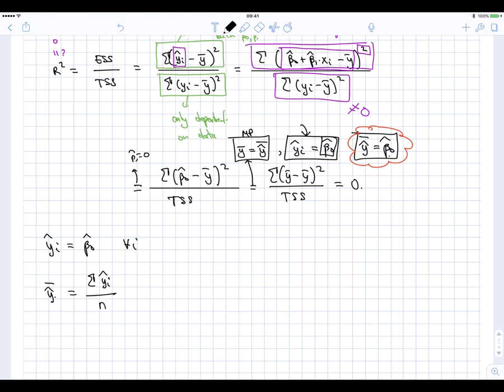Agree? But every single y hat is going to be beta 0 hat, so it's going to be the sum of beta 0 hat over n. It's going to be n times beta 0 hat over n, and n cancels, leaving beta 0 hat. What's the average of everything being 5? Well, it's 5, right? It's the same thing. What's the average of a bunch of n numbers that are all equal to beta 0 hat? Well, it's certainly beta 0 hat. That's the statement that I'm trying to make over there.